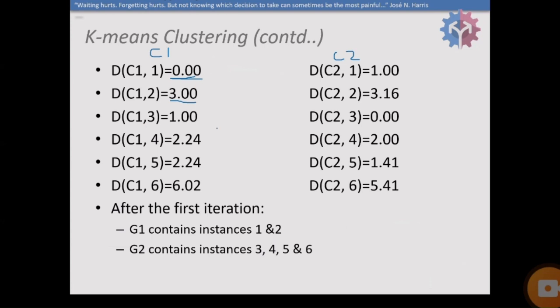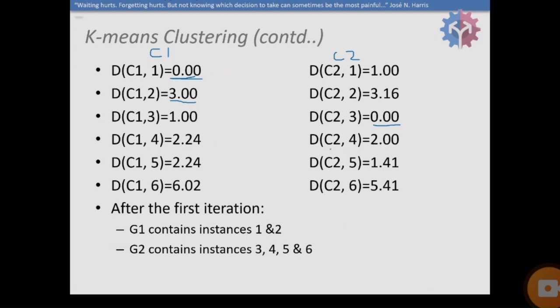What about point 3? Does it belong to C1 or C2? Anyone else as well on the chat box, maybe even? If you want to use mic, Saeed, you can continue using mic, but others in the chat box, please. So point number 3 belongs to C1 or C2? C2. Hassan says C2. Do you all agree with Hassan? Yes. Okay. What about point 4?